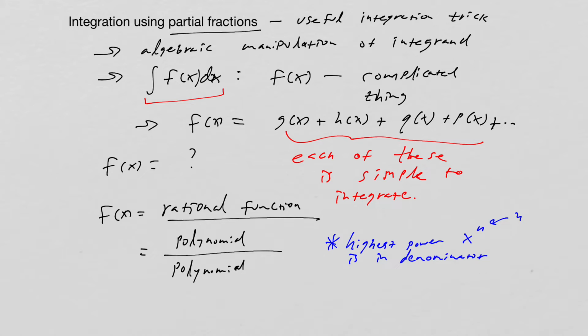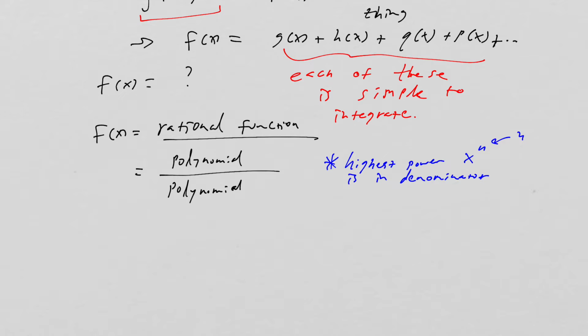If not, you should go simplify it by doing some sort of polynomial division, and we won't go into that. Most of the time though, it's very clear that the highest power will be in the denominator.